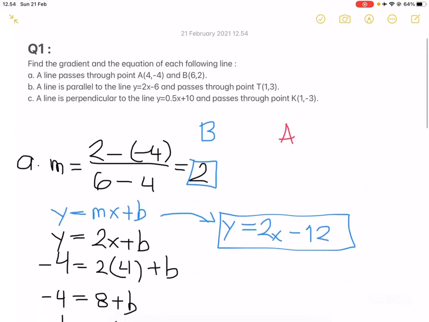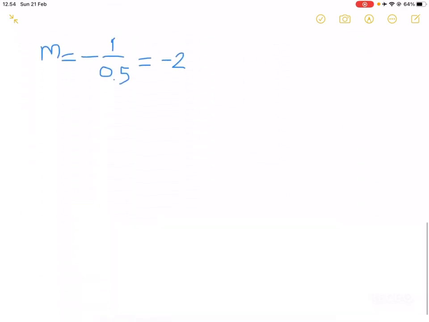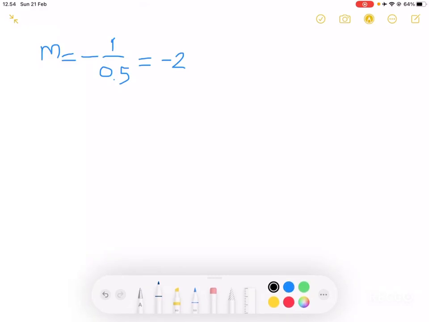All steps after that are pretty much the same as the other ones, substituting the coordinates of K in this case, which is 1, -3. First set up our point-slope formula, and we know m in this case is -2, so y equals -2x plus b.